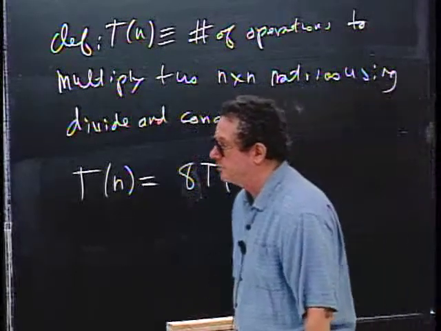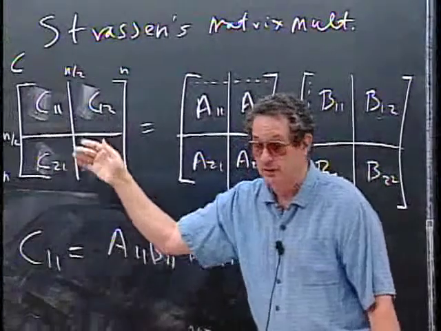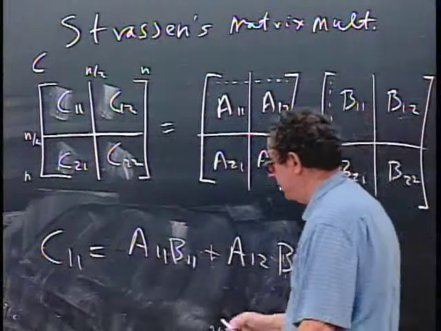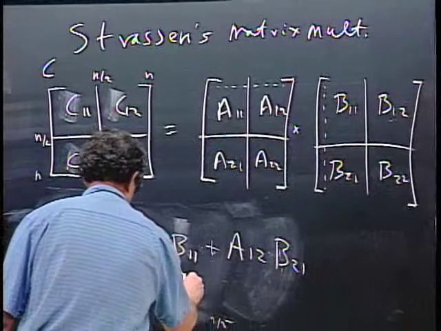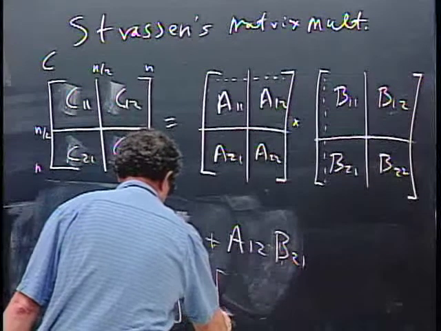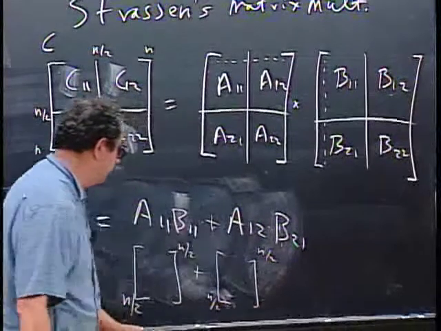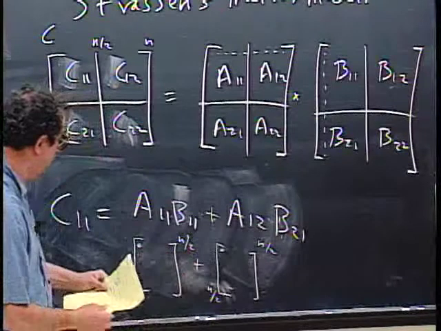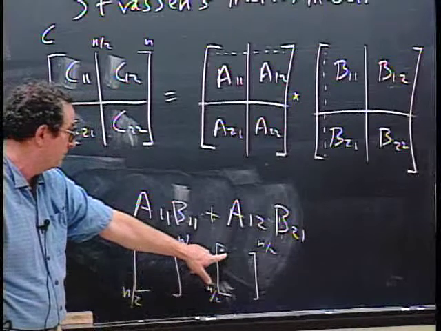Now, for each one of the 4 resulting submatrices, we have to add 2 matrices together, which are of dimension n over 2 by n over 2. As we said earlier, what that involves is you take each element and add it together with the corresponding element in the same position over there.